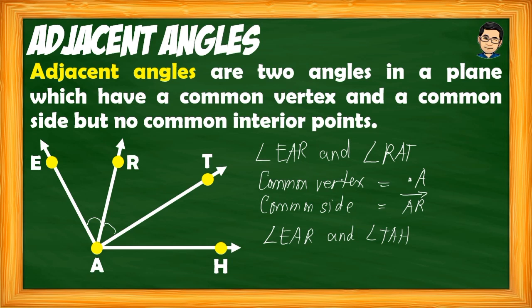Common vertex po nila is point A. And then, yung kanila namang common side, EAR tsaka TAH, yung common side po nila is ray AH. Yan po yung adjacent angles.